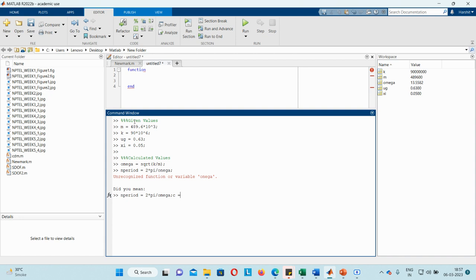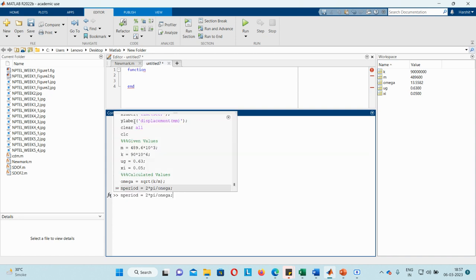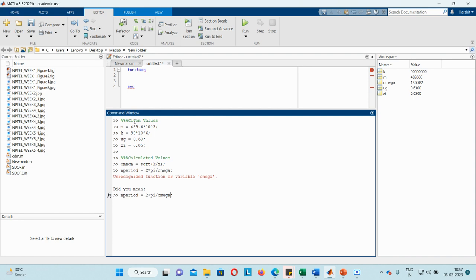C is 2m omega times xi, and the forcing function p naught is minus m times ug. We know how we came up with this function value. We don't need to define the forcing function again and again because it is a constant function here.